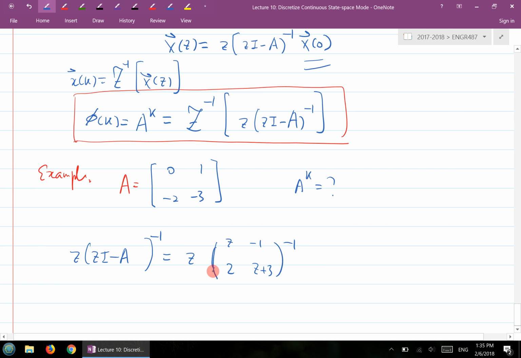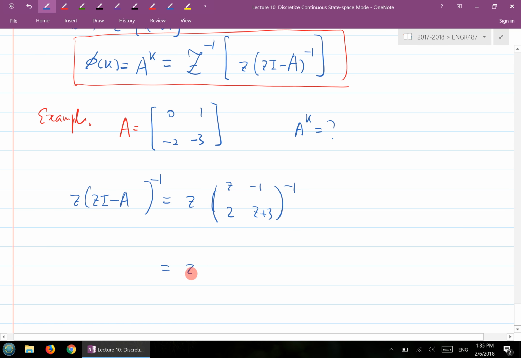So now I want you to use the formula for the inverse of a 2 by 2 matrix to calculate this one here. You have the formula written previously, so what should I get? The determinant is Z times Z plus 3 minus, which is 2.